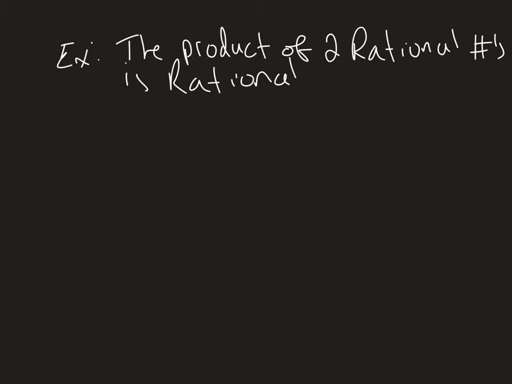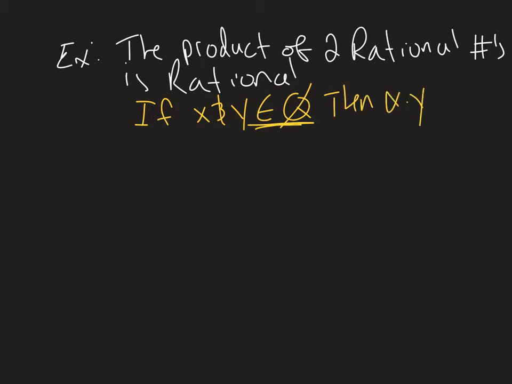So let's look at this statement. The product of two rational numbers is rational. My hypothesis, even if it's not so clear-cut, I'm going to rewrite a little bit. If x and y are both rational, meaning they're members of the rational numbers, that's what this shorthand means, then x times y, the product of the two, is rational.